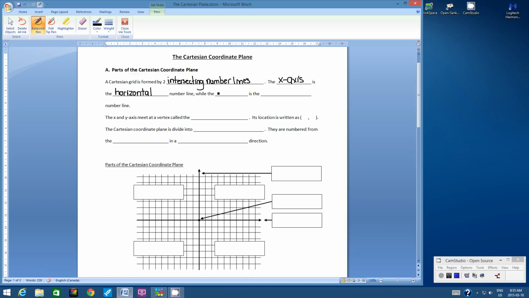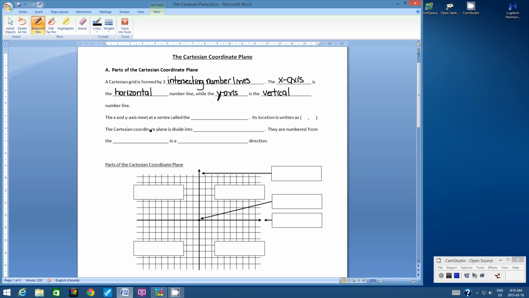While the y-axis is the vertical number line. So that's this one right here, the vertical number line.